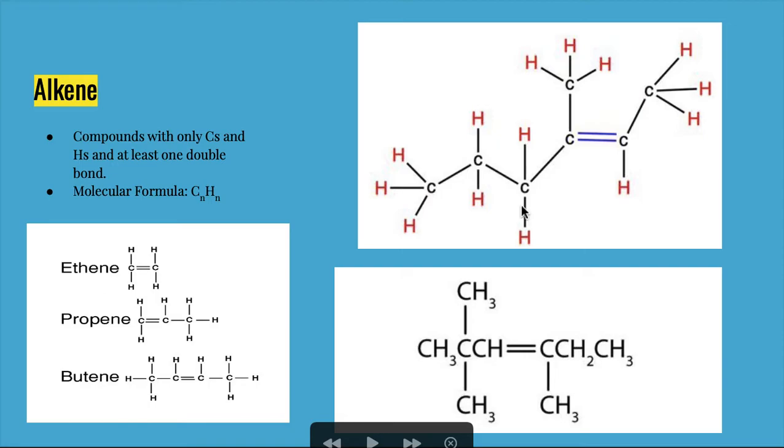All of the compounds that I have here have only one double bond, so this formula will work for all of these, but it wouldn't work for something that has two double bonds, or again, if it's cyclical.